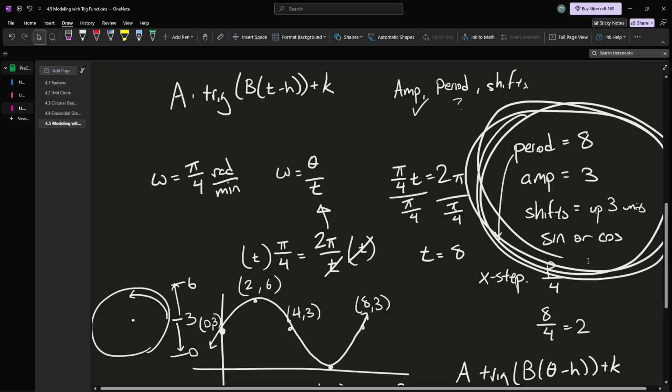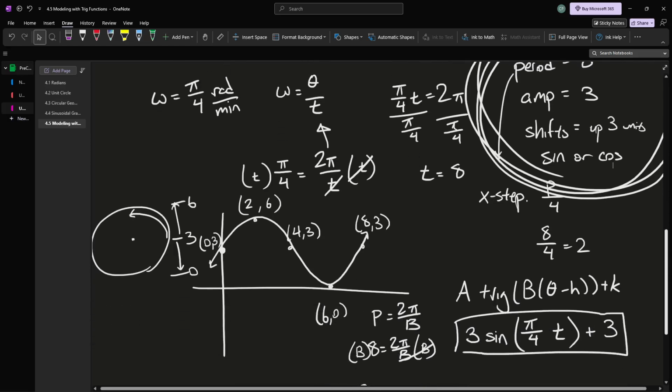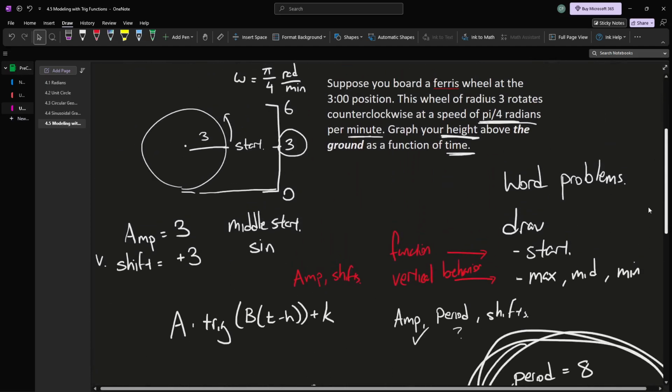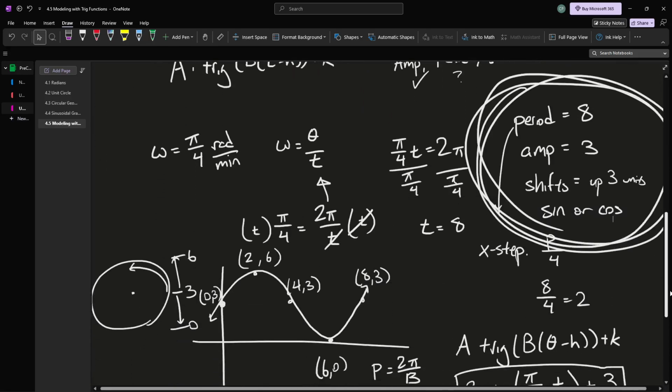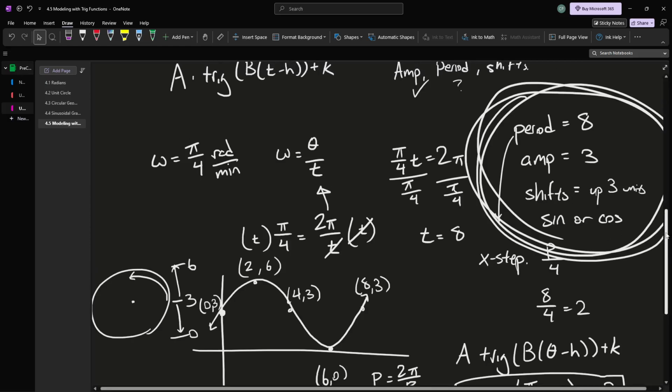You need these 4 bits of information to graph or to find your equation. They could be found from either the graph, the equation, or the word problem. So always try to find these 4 values. What is the period? What's the amplitude? What shifts do I have? And what function am I using? That is what you should search for in these word problems.